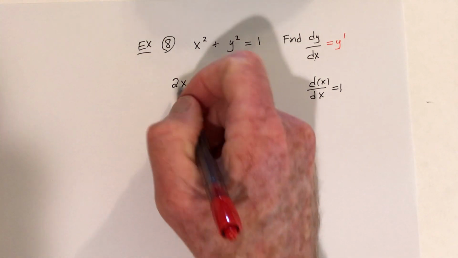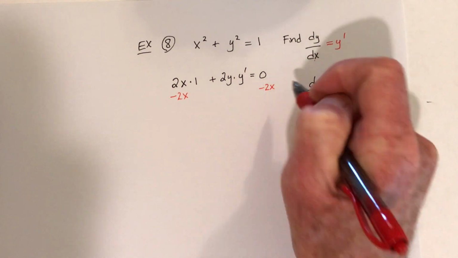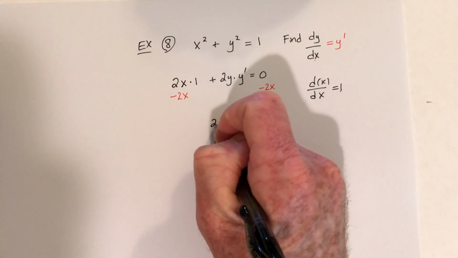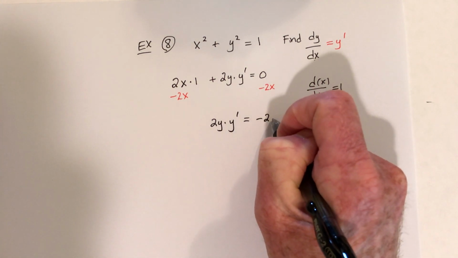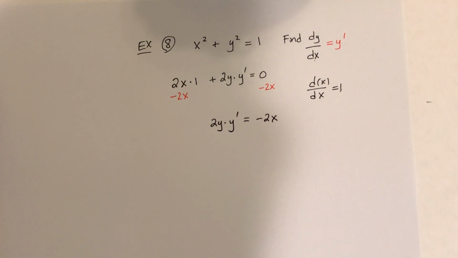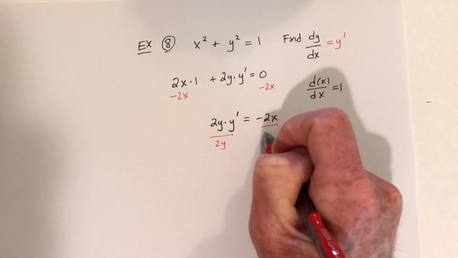I'll begin by subtracting 2x from both sides. And then this is still on the left side, and the right side has negative 2x. And then the next thing to do is divide by 2y.